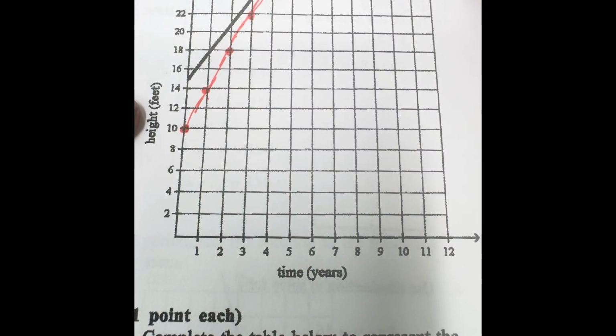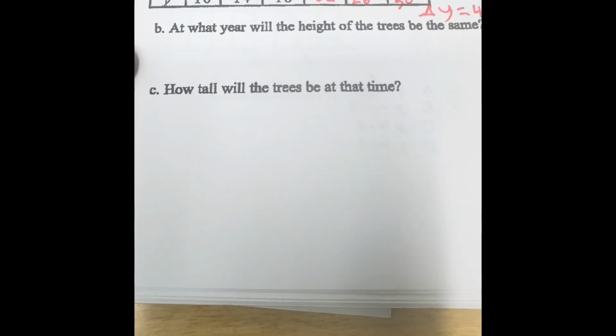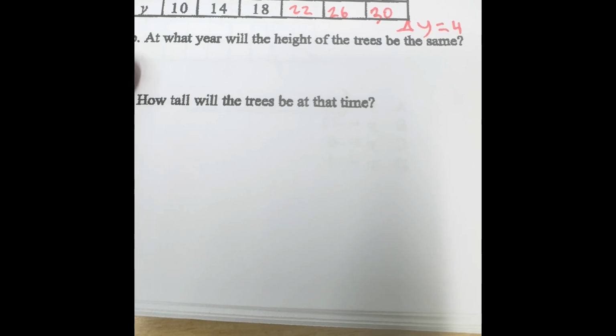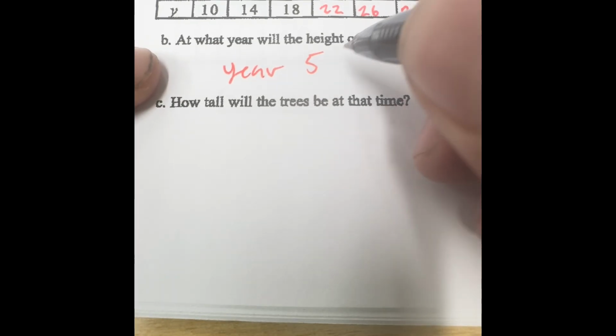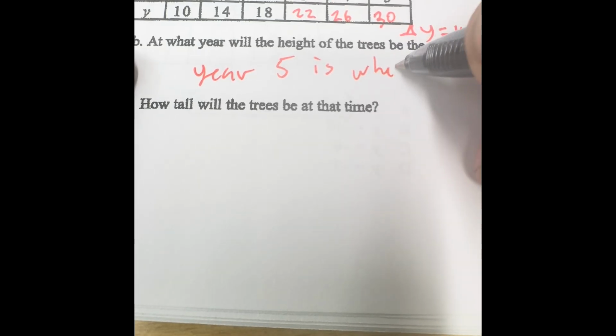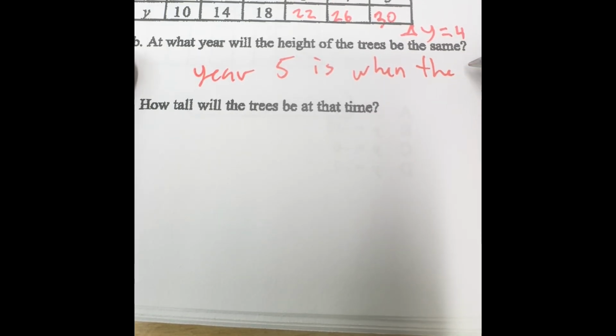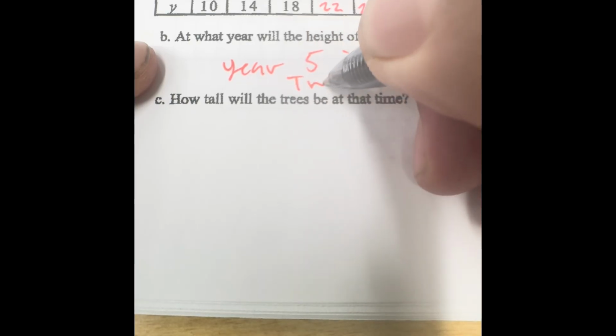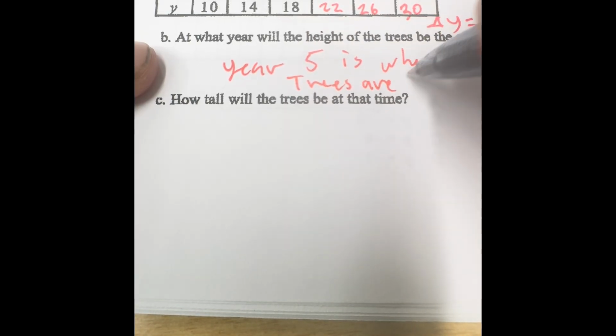And 30 means the height in feet, so 30 feet. So what is the year that the heights of the trees will be the same? Year 5, or the 5th year would be fine. Year 5 is when the trees are the same height.